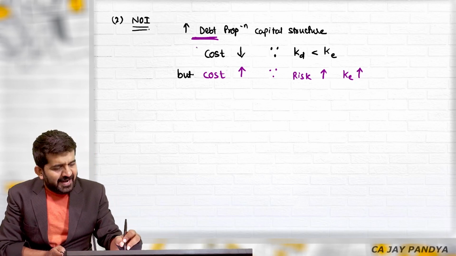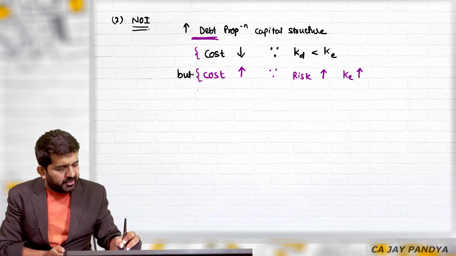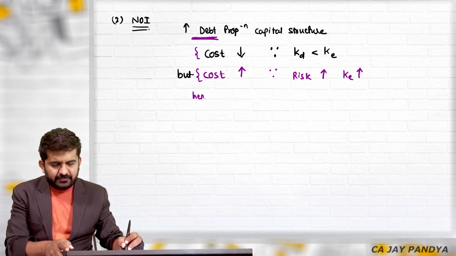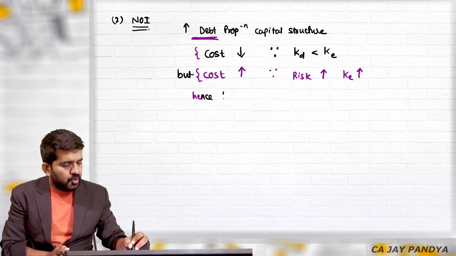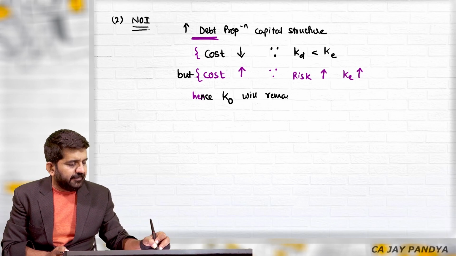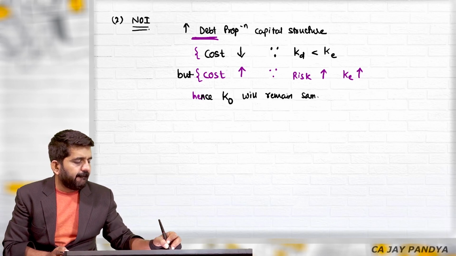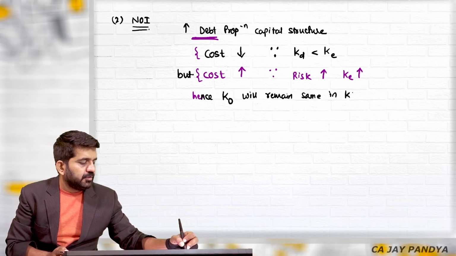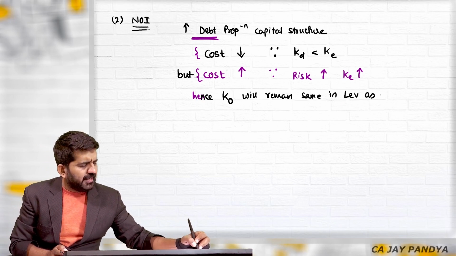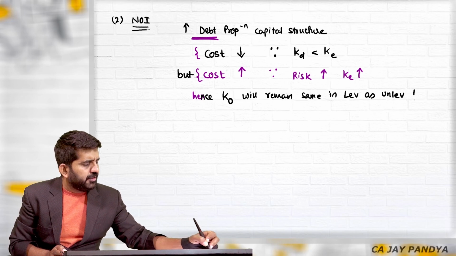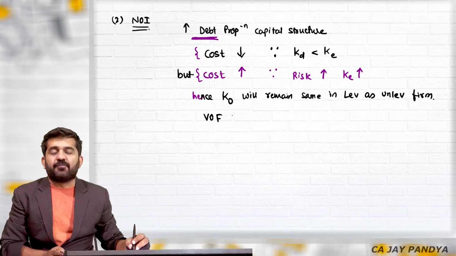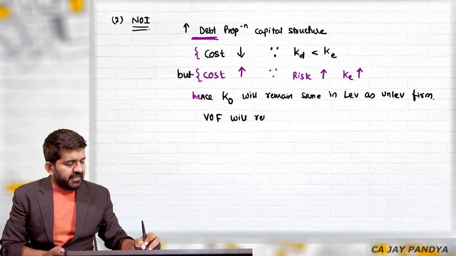So on one hand there is a decrease in cost, on the other hand there is an increase in cost, and hence the overall cost will remain the same in levered as well as unlevered firm, and so the value of the firm will also remain the same.